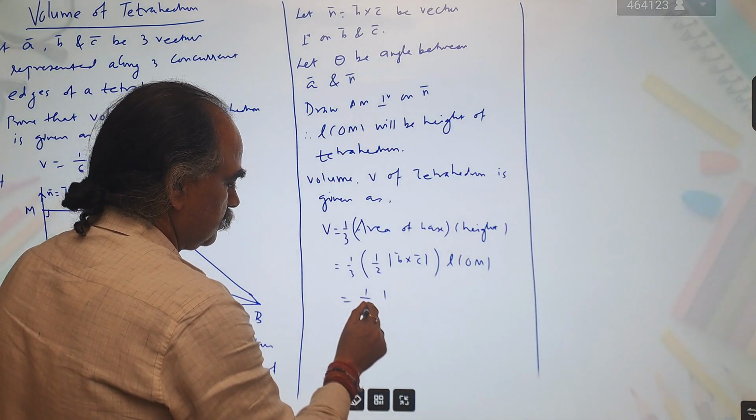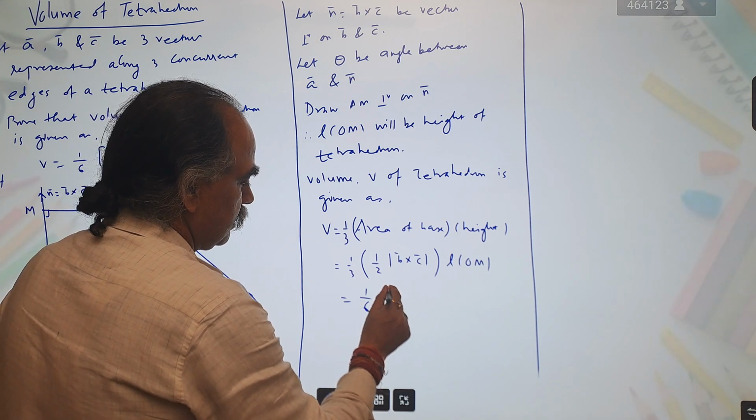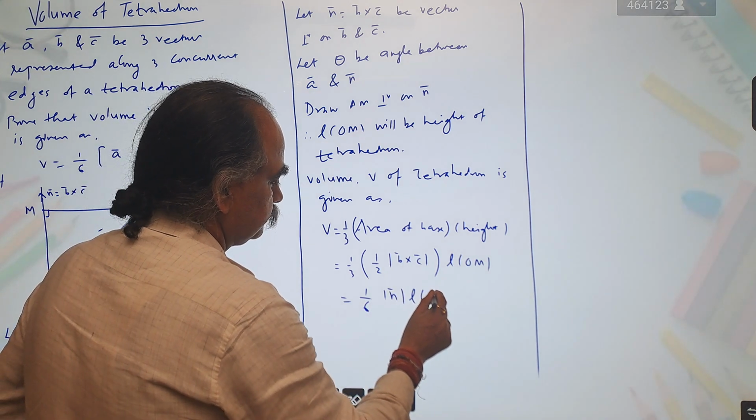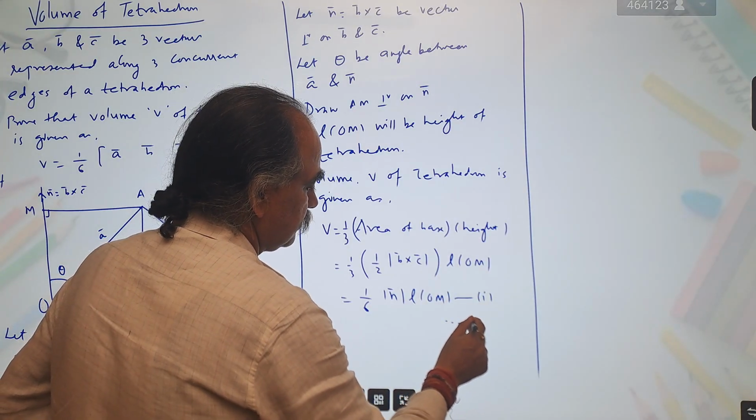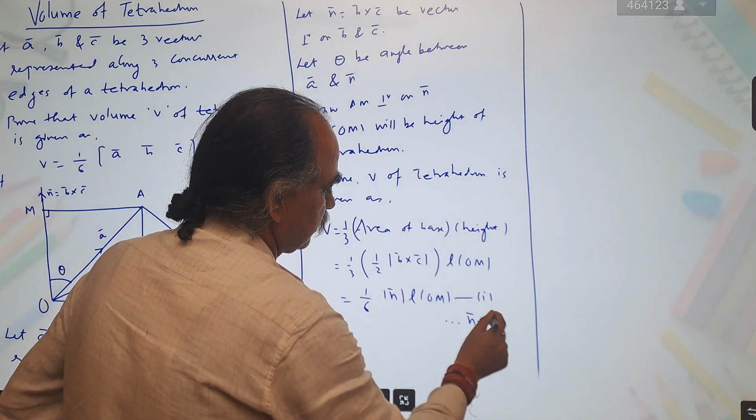That is 1/6 mod N bar into length OM. This is equation number 1, since N bar is B bar cross C bar.